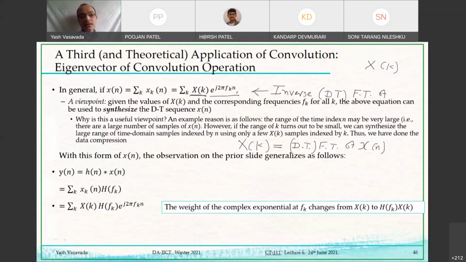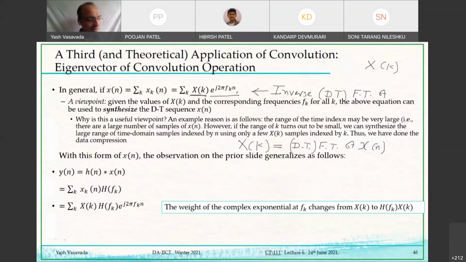If you can synthesize x of n from capital X of k, then obviously if you analyze capital X of k, you will get analysis output as capital X of k. Right? Synthesis and analysis are two backward forward type of operations.